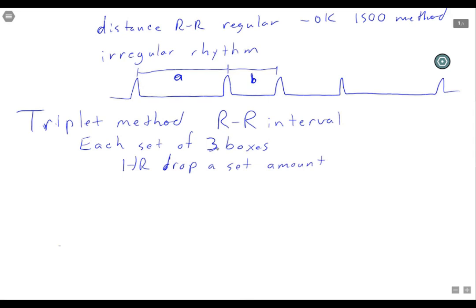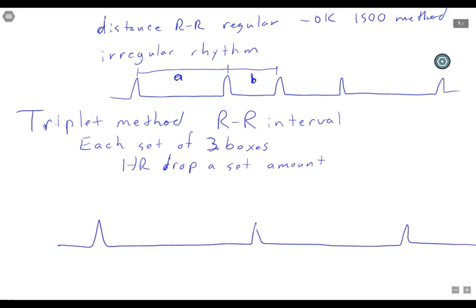All right, so let's look at an example. Here we have an R wave, and another R wave, and another R wave. So what we'll do is we'll look at how many big boxes are between these R waves. Let's just say the R wave landed on the start of this big box, and this R wave was at the very end of this big box.